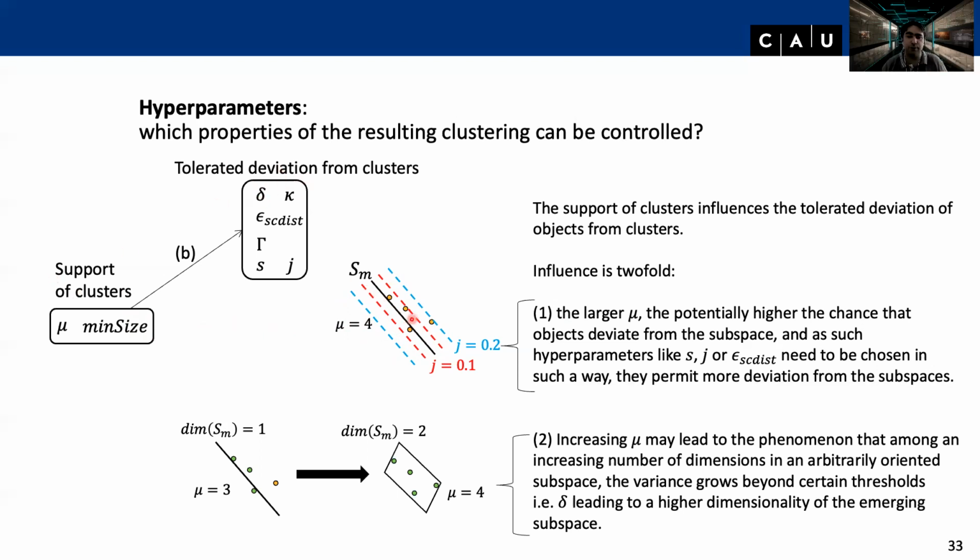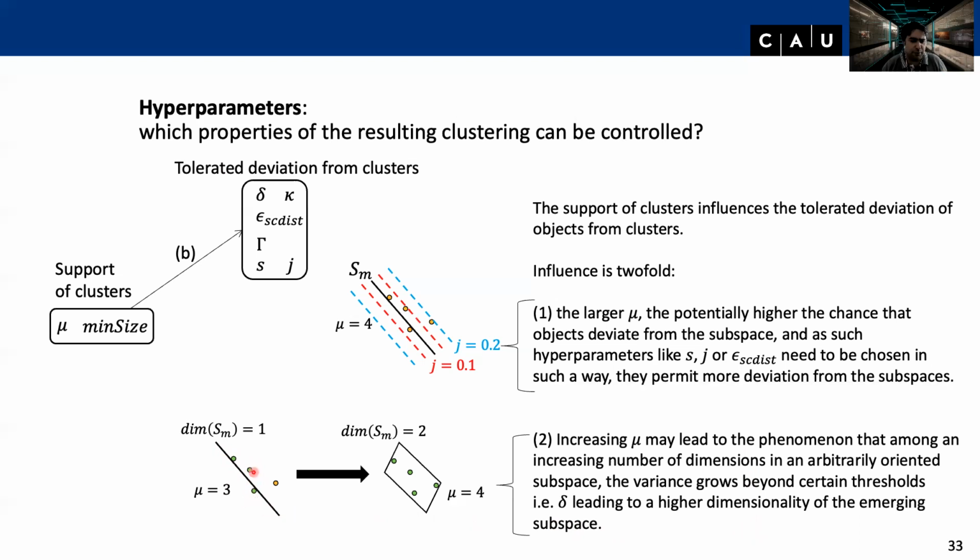If I demand a higher support, it may happen that I also need to increase the tolerated deviation from a cluster, or from a subspace actually, because it's not only from the cluster, but from this subspace SM. Then the second part of this twofold nature is increasing mu. The support may lead to the phenomenon that among an increasing number of dimensions in an arbitrary oriented subspace, the variance grows beyond a certain threshold like delta, and this makes you flip from a line to a plane, to a higher dimensional emerging subspace. Again, difficult to imagine. Suppose we've got this subspace, with mu equals 3.